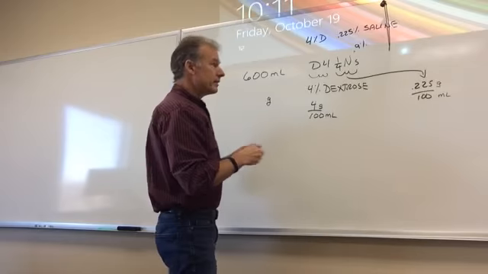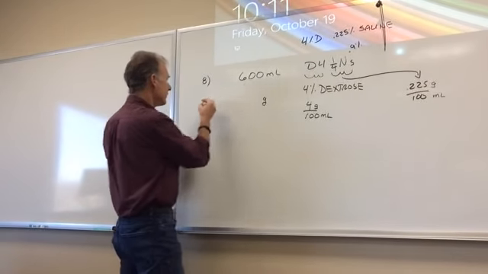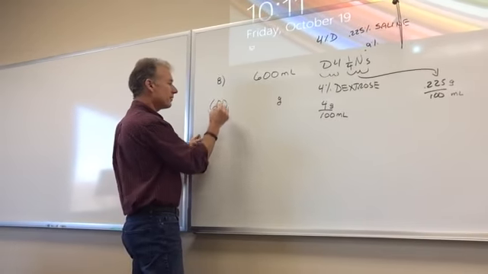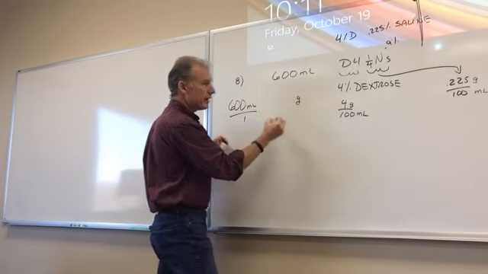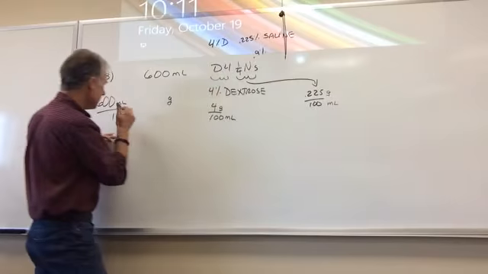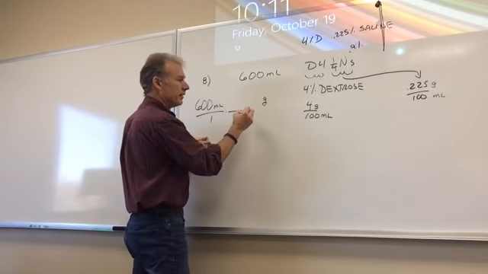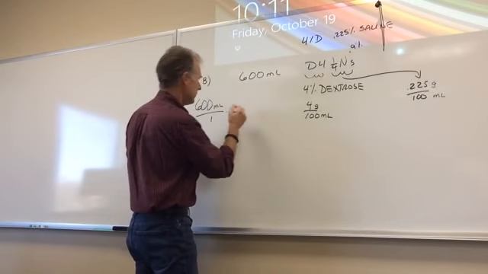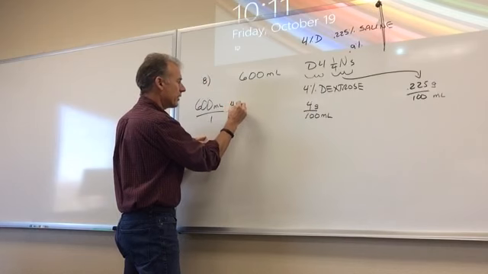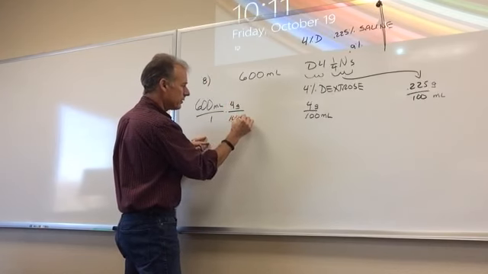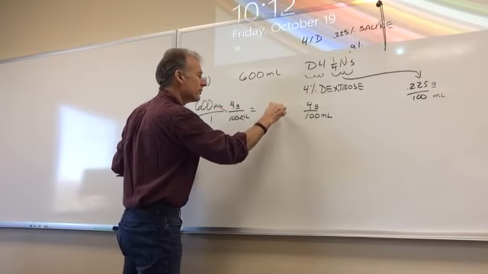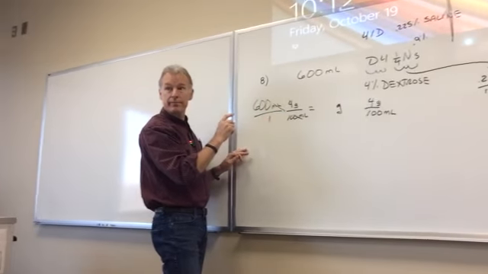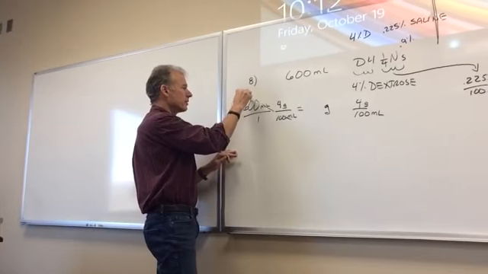Okay with that? Now then the next step is the easy part. We've got a whole bag of this stuff, right? 600 mils. And so now I can just grab this and put it right here. Actually, let me put this one here. This will be 4 grams over 100 milliliters, and then that's going to pop up the number of grams of dextrose, right? This would be the dextrose here.